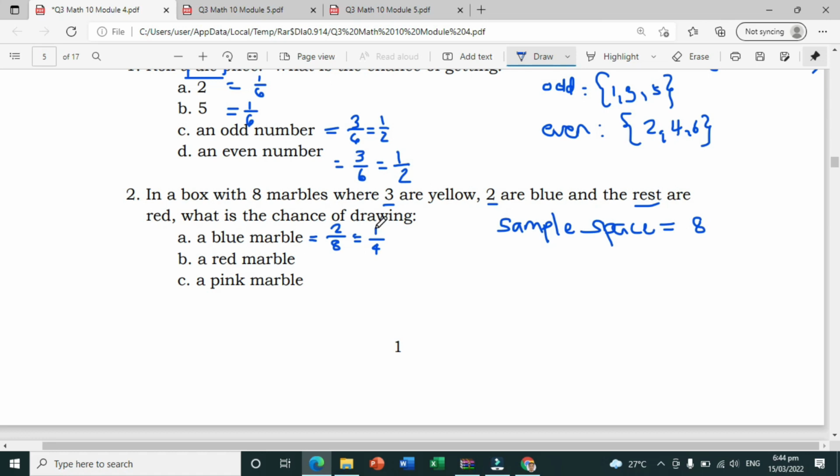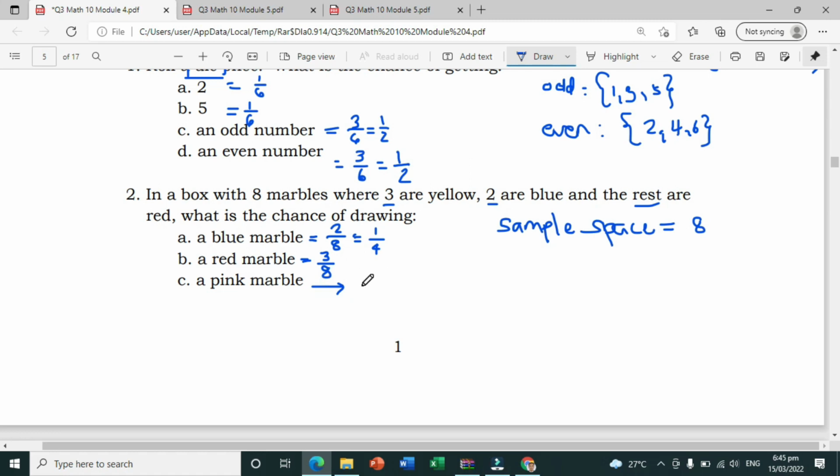So, 8 minus 5 is equal to 3. So, there are 3 marbles over 8, because there are 8 in the box in all. So, 3/8 cannot be reduced in lowest term, because it is already in lowest term. So, our final answer would be 3/8.